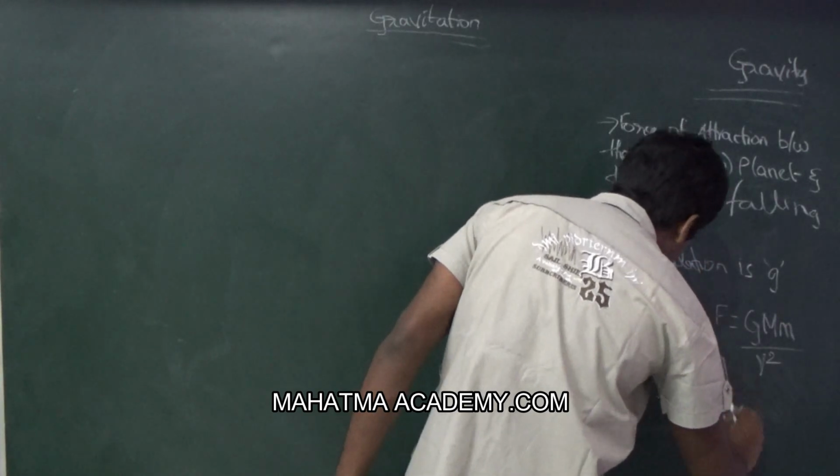The mass of earth is 6 into 10 to the power of 24 kgs, and the radius of the earth is 6400 kilometers.